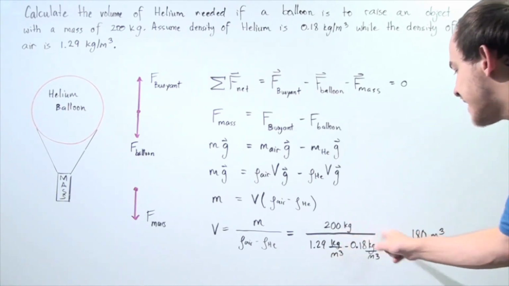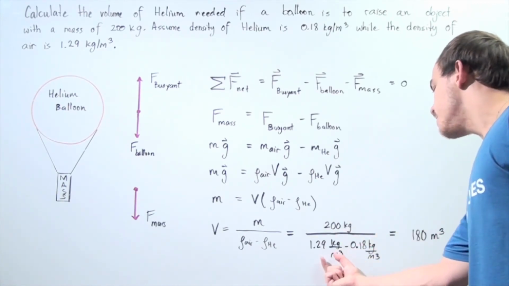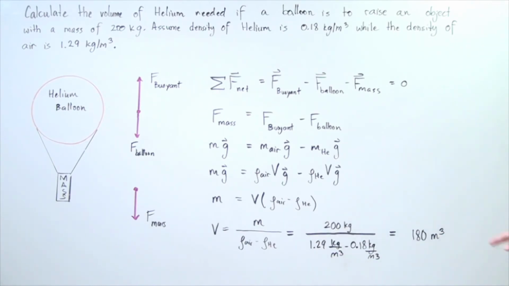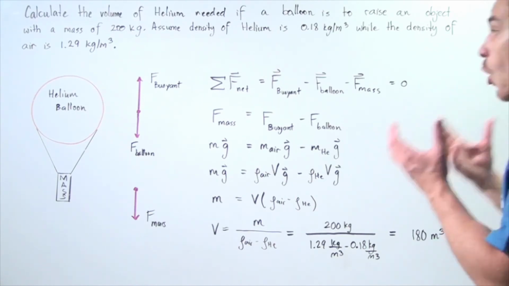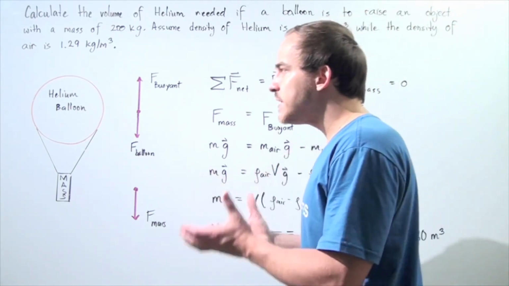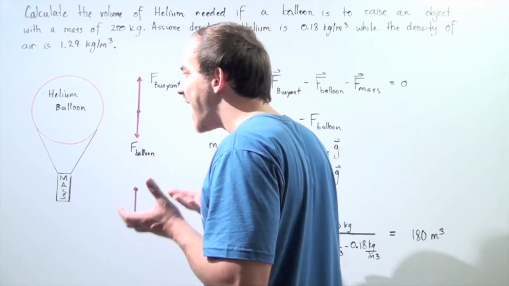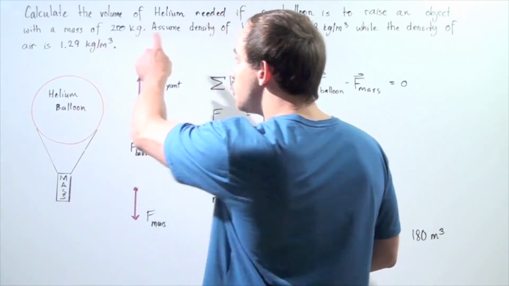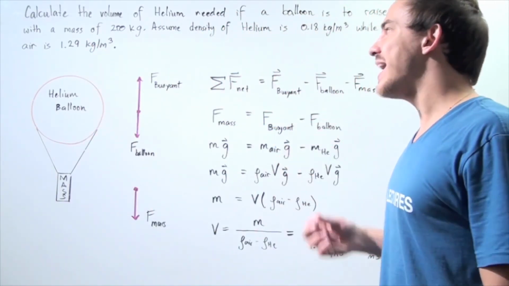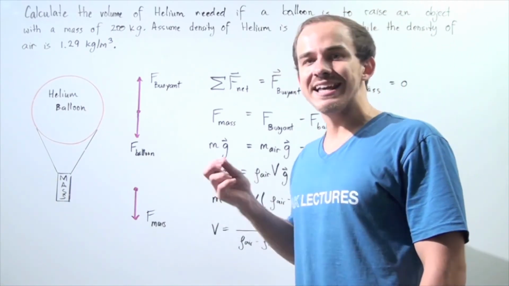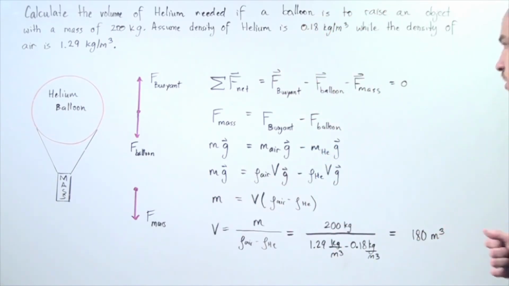Notice the kilograms cancel, and the meter cubed goes on top. And we get a value of 180 meters cubed. So, in order for our helium-filled balloon to raise an object that has a mass of 200 kilograms with zero acceleration but a constant velocity, the volume of that balloon has to be 180 meters cubed.